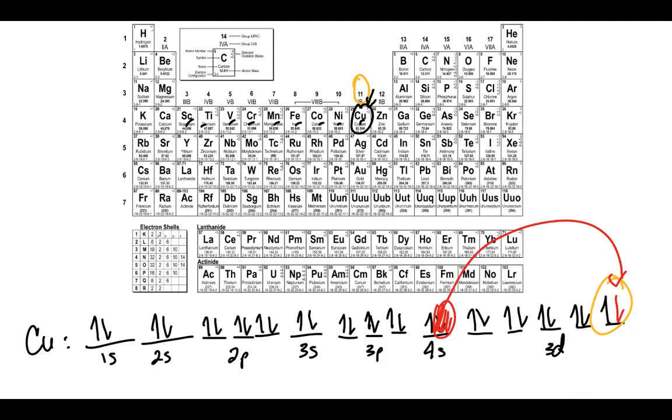So this configuration is going to end up with 4s1, 3d10, because this has a lower energy profile than 4s2, 3d9. And just like group 6, all of group 11 is going to follow the same exception.